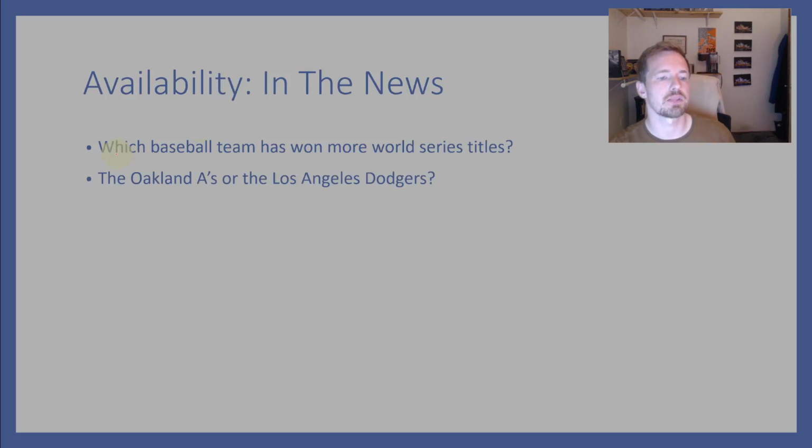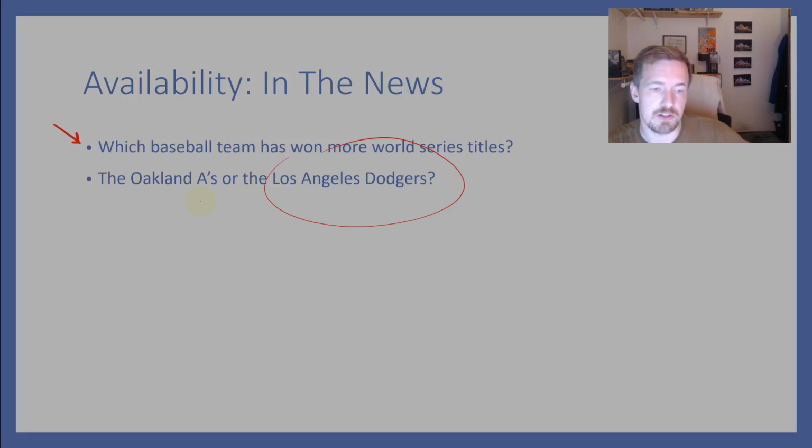So a less politically charged example here would be, which baseball team has won more World Series titles? Is it the Oakland A's or the Los Angeles Dodgers? If you're thinking about this, at least for me, my gut is I'm going to go with the Dodgers because I know they've won more recently and they usually have a good team. The Oakland A's, I don't know how they're doing.